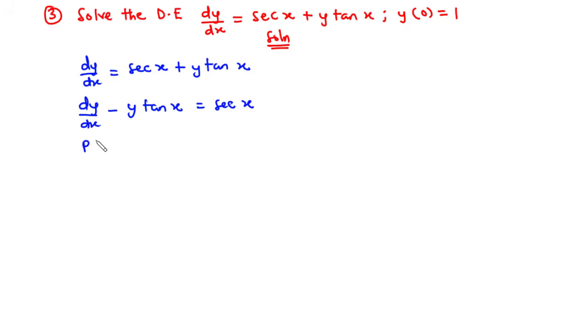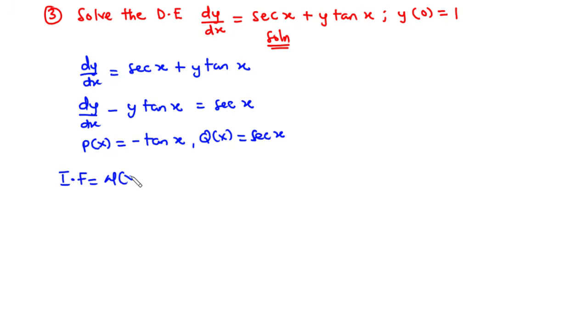So we can say that p of x is equal to negative tan x, and then we have q of x also to be equal to sec x. Now let's find the integrating factor.